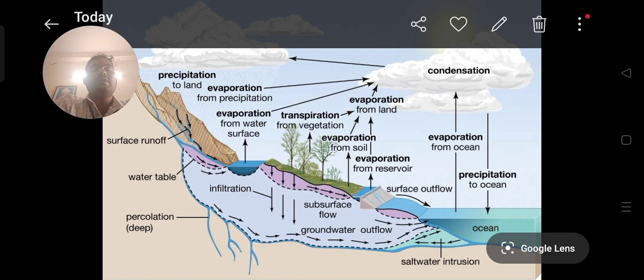So here, with an example, infiltration. You get rainwater or precipitation from the atmosphere. It falls down on the earth's surface because of gravitational forces.